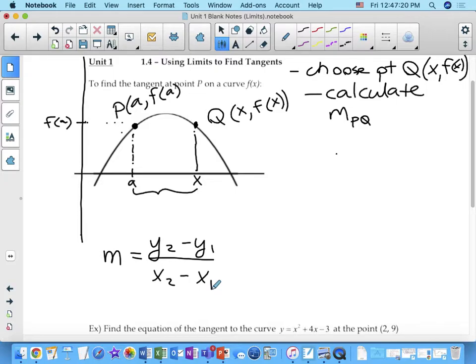So here, our x1, y1 is a, f of a, and our x2, y2 is x, f of x. Then the slope of this line segment PQ would be y2 minus y1, so f of x minus f of a, over x2 minus x1.